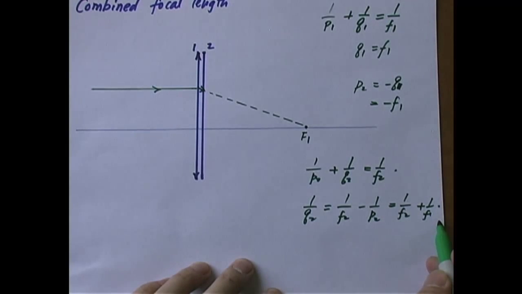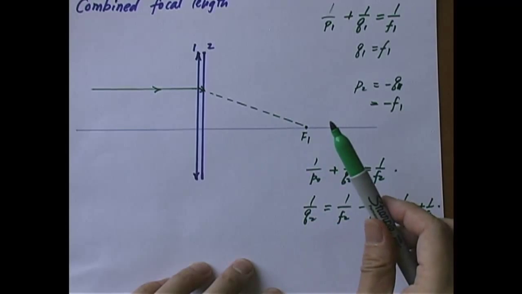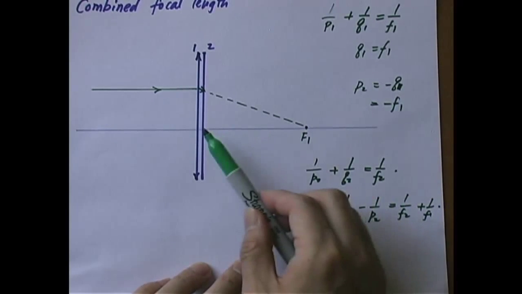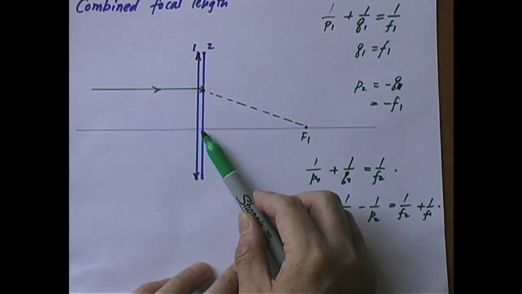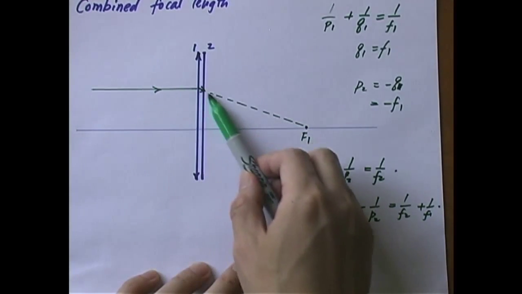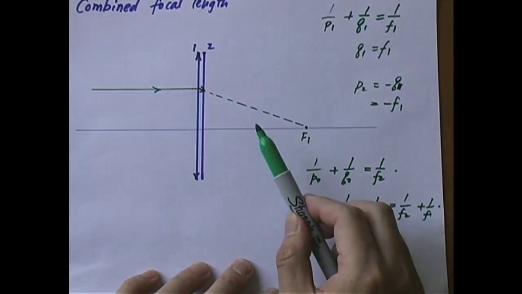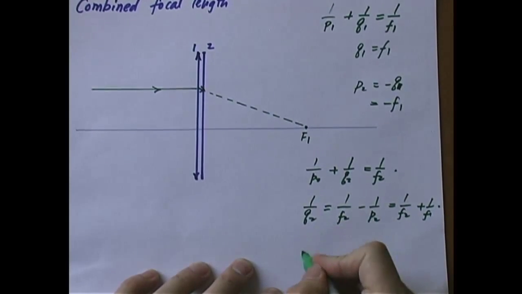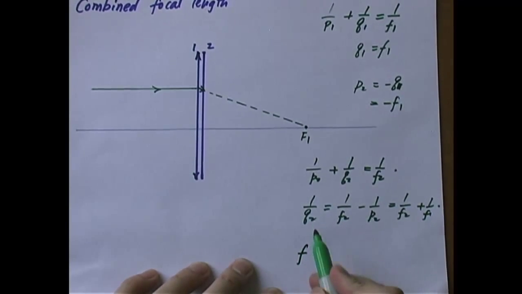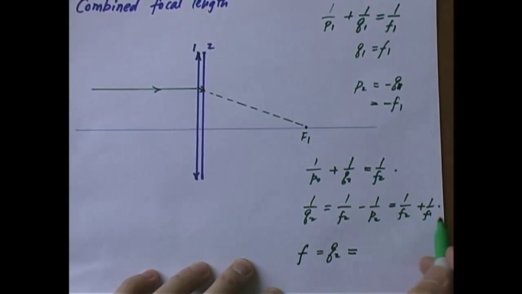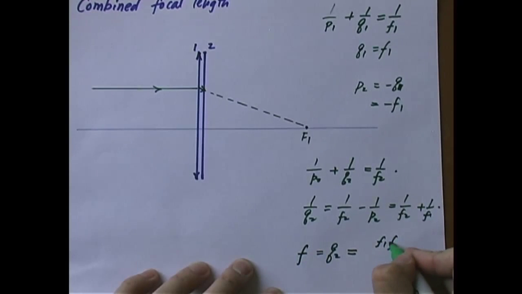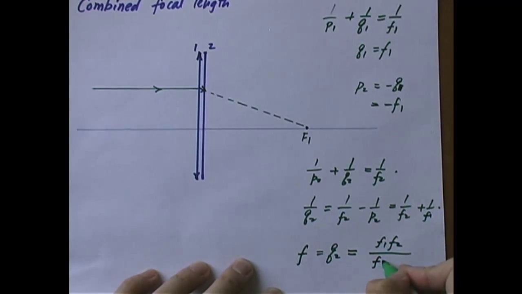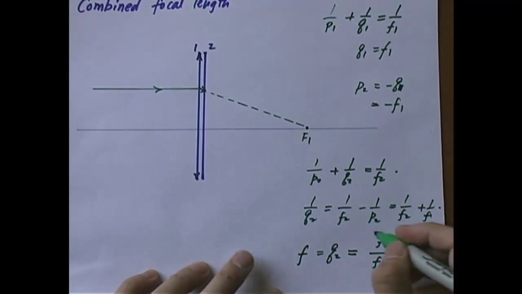What's Q2 anyway? Q2 is the distance between the final image and these two lenses. This is where the parallel beam will eventually end up on the optical axis. By definition, that is the final focal length. So F is really just Q2. What is that equal to? When you solve that, it's F1 times F2 divided by F1 plus F2.